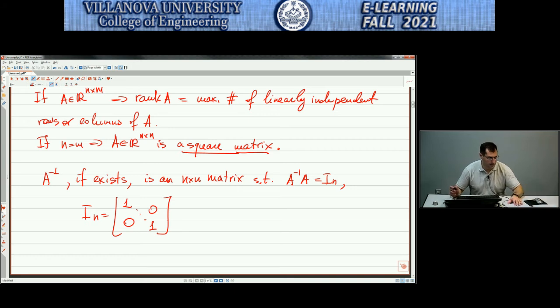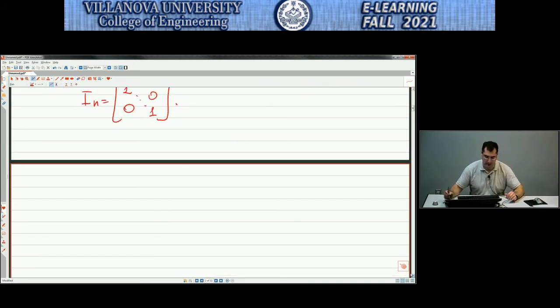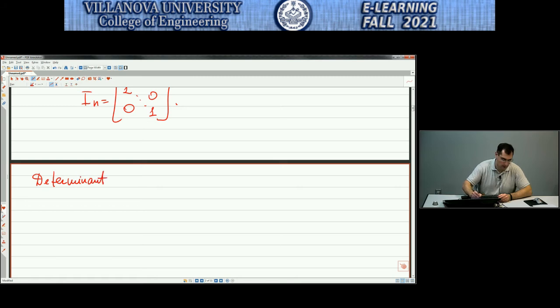Okay, this is that, and another thing that pertains to square matrices is the determinant of a square matrix. Let me not remind you what the determinant of an n by n matrix is.